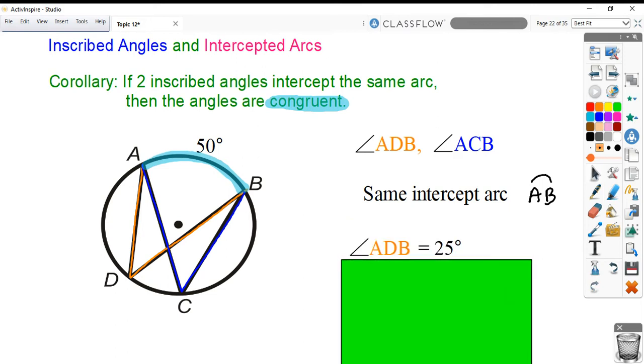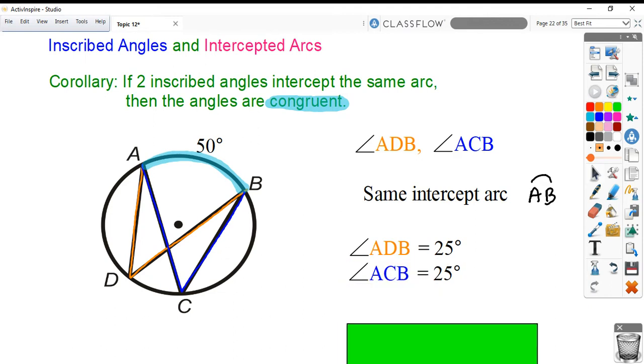But if you ignore the orange one and only look at the blue one, you would think the exact same thing. Both of them are correct. Since they have the same arc, and that arc has the same measurement as itself, obviously, then those angles are also going to have the same measurement. So those angles are going to be congruent to each other.